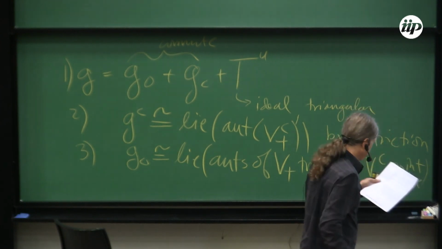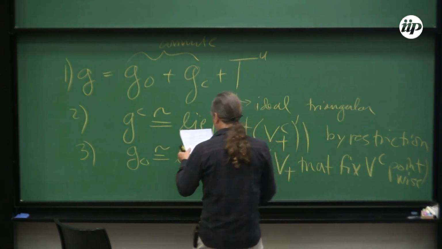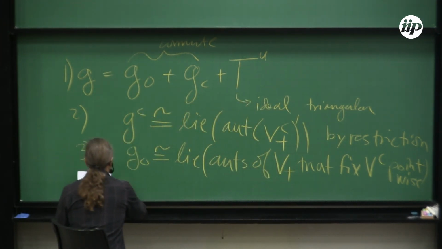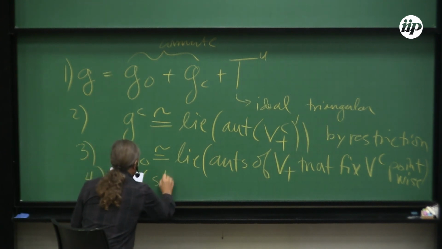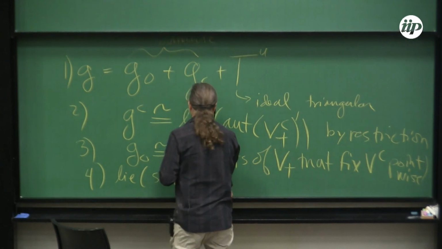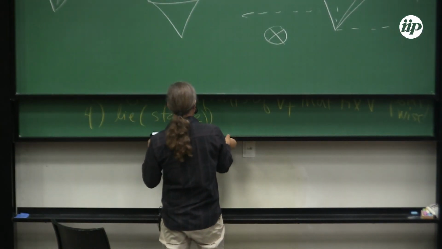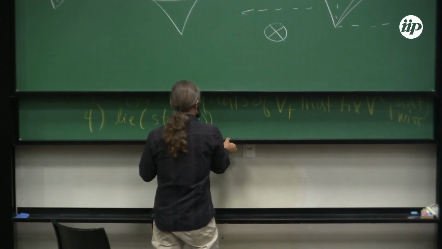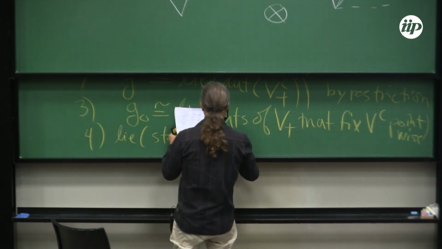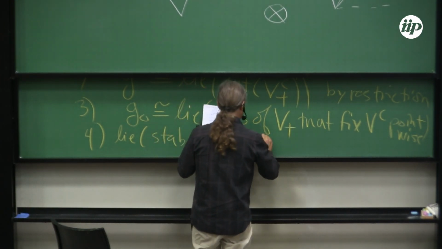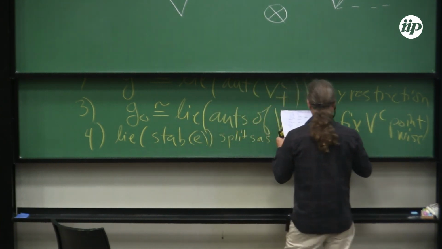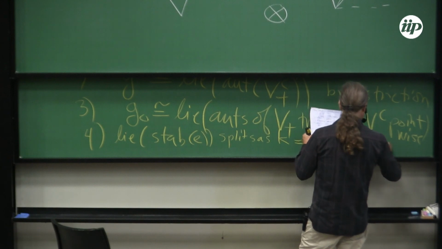Okay, so we're just about done. So the last thing is that the Lie algebra of the stabilizer of E splits as K equals G0 plus K intersect GC.